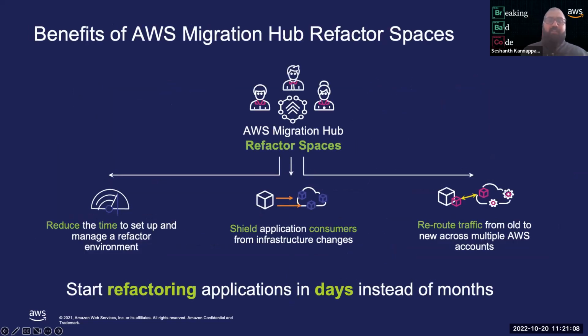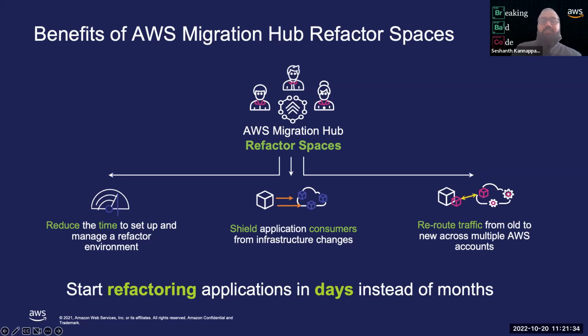When we introduced Refactor Spaces, these are some of the primary benefits that we saw. We are helping reduce the time to set up a refactoring environment, and reduce the complexity of refactoring monoliths by iteratively extracting capabilities as new microservices and routing traffic between old and new.